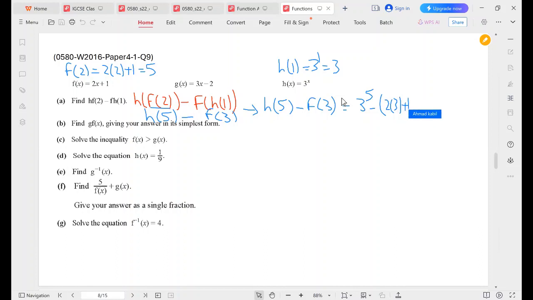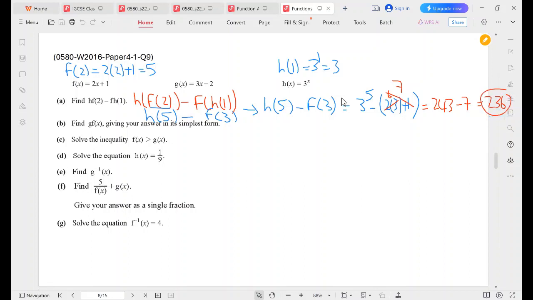And I put it in brackets to simplify it first. So 2 times 3 is 6, 6 plus 1 is 7, and 3 power 5 gives us 243. So we have 243 minus 7, and this gives us 236 as a final answer.